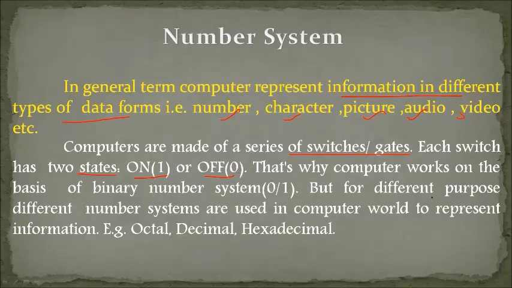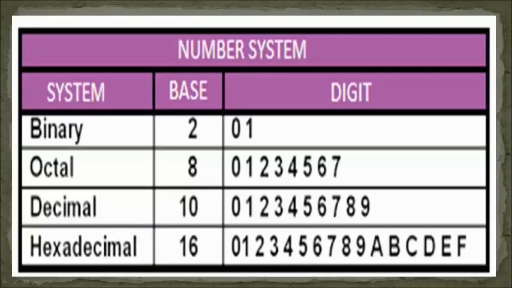But for some particular purpose, different types of number systems are used in a computer. That may be binary, decimal, octal, hexadecimal. Each number system has its own base value and digits. Binary has base value 2, and the digits covered are 0 and 1.